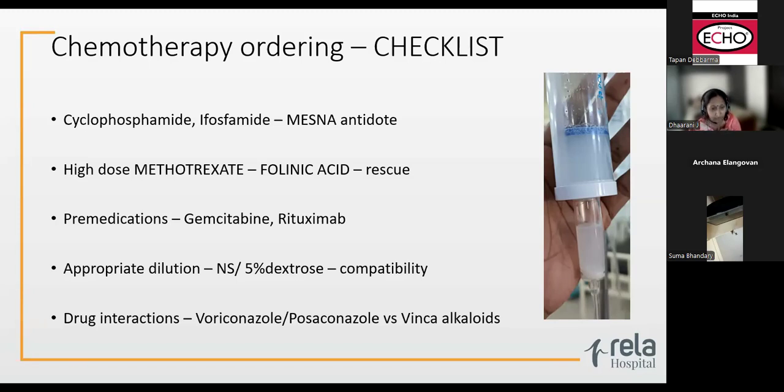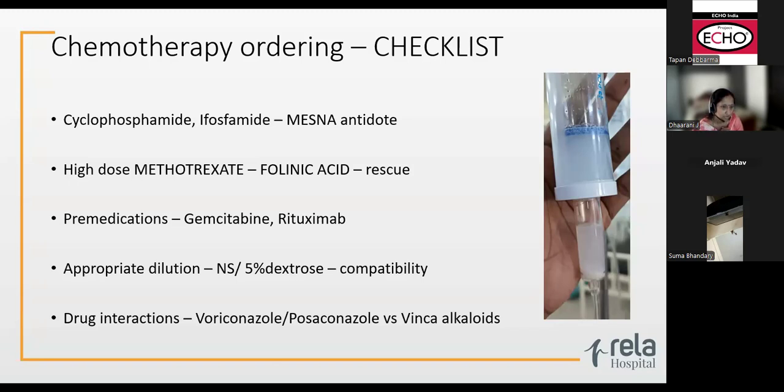And the most important point is we need to ensure whether the drugs are compatible with NS or 5% dextrose. So we have to check the compatibility of the chemotherapy. For example, carboplatin and oxaliplatin are drugs which we usually mix only in 5% dextrose.